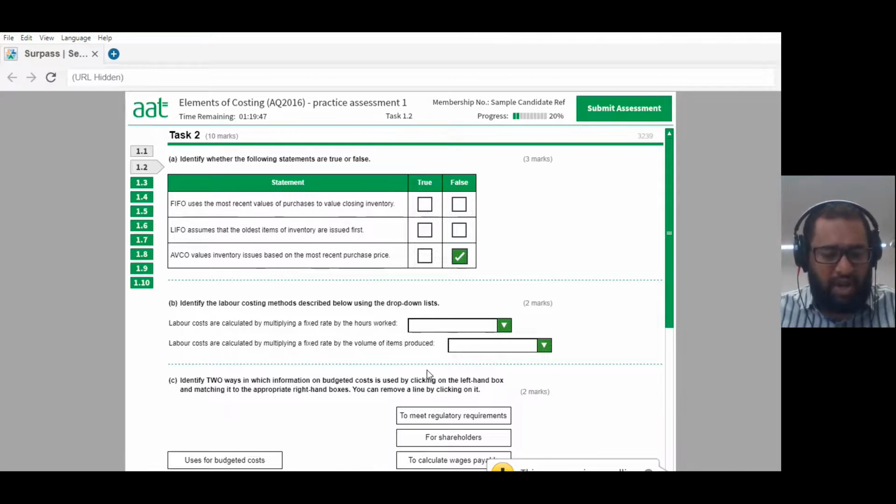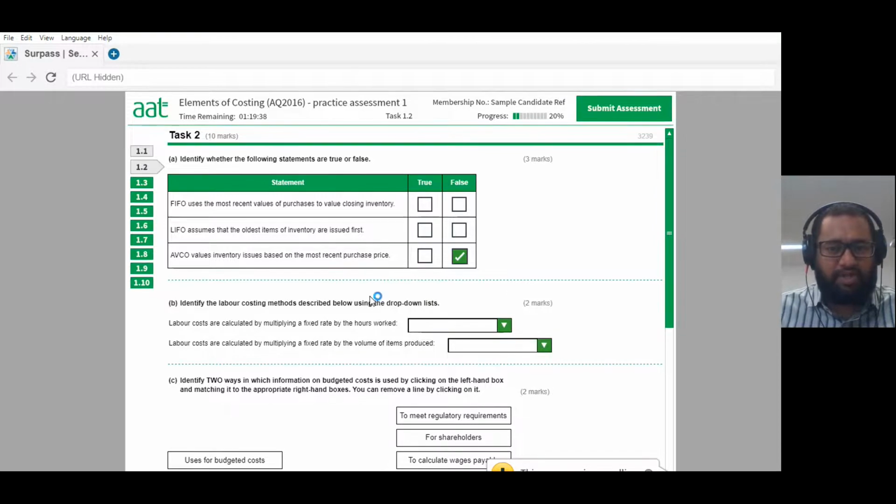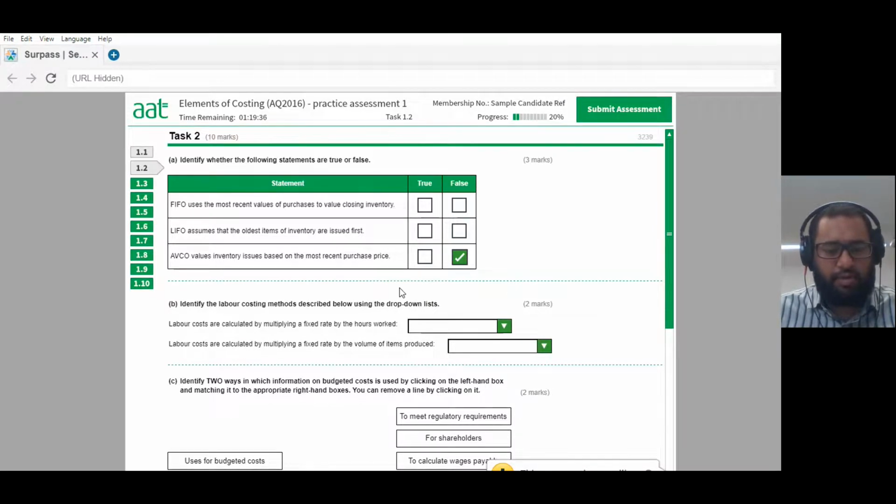So let me bring a spreadsheet up, Excel. A blank sheet. I'm going to bring it up on the screen for you. Let me bring it up so it will be a little bit clearer.